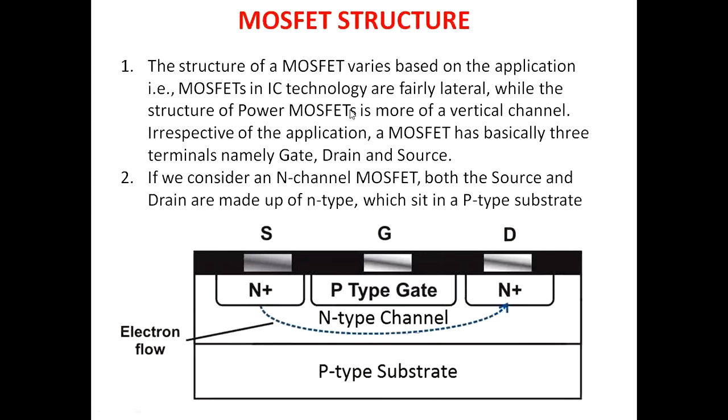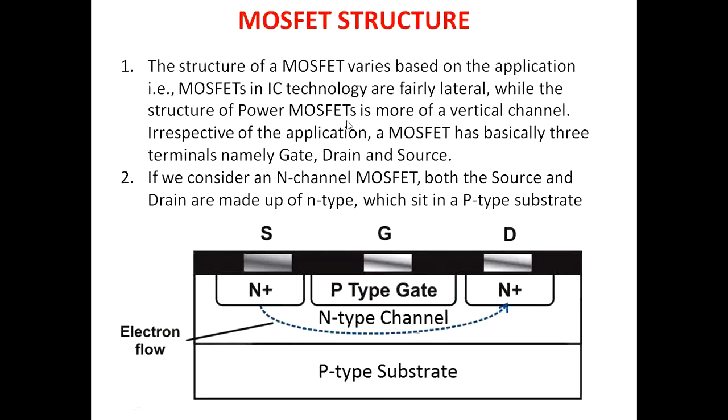All electronic components are of two types. When the voltage and current levels are small, the device is called a signal device, and when the voltage and current levels are large, the device is called a power device. When the MOSFET is used for IC technology, it should have a fairly lateral design.